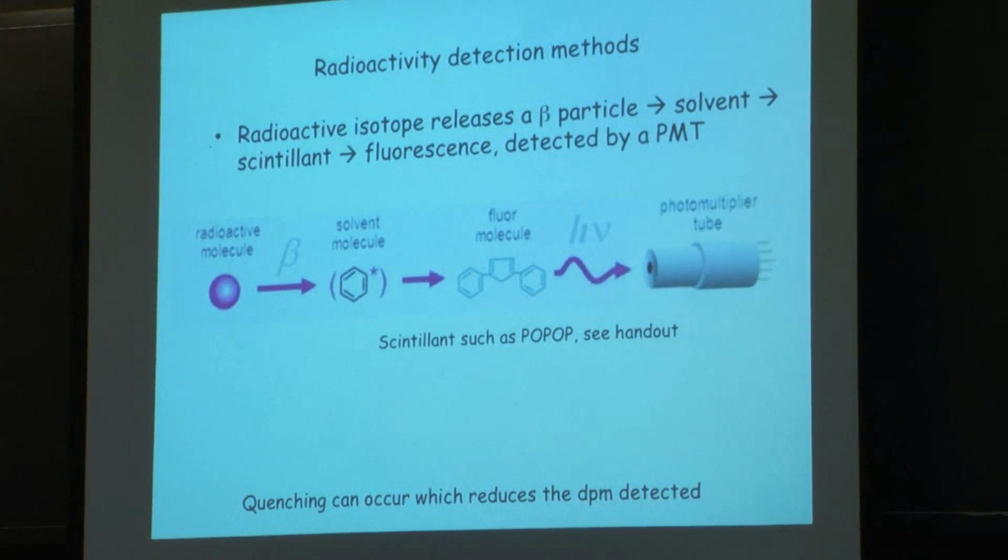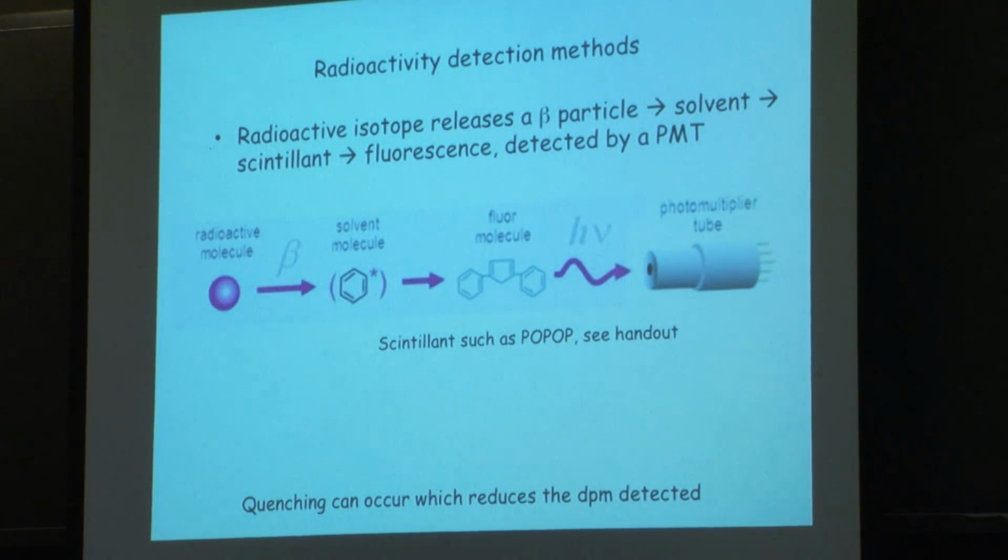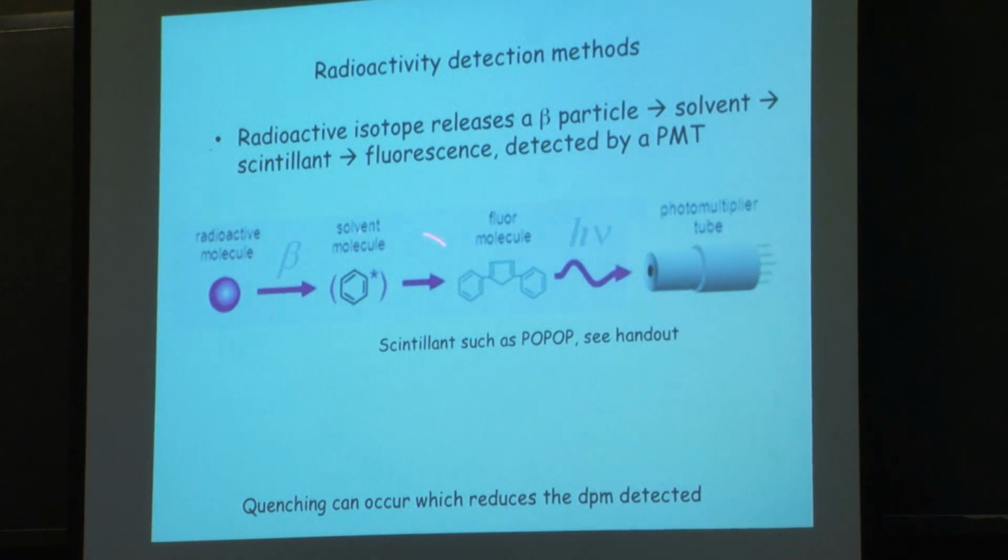You put it into a little vessel with some kind of fluid, and whether the fluid is organic, aqueous, or a mixture depends on the molecules you're dealing with. The energy gets transferred in some way to the solvent in your solution. Then you put in a small molecule called the scintillant, which can remove the energy from the solvent and absorb that energy in some way.